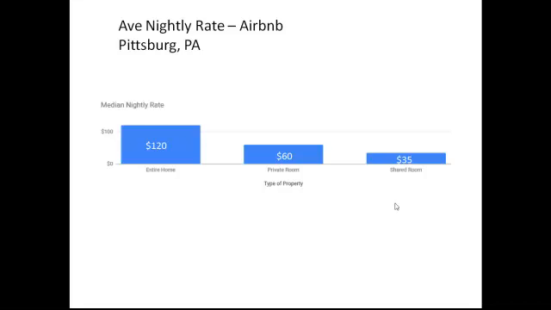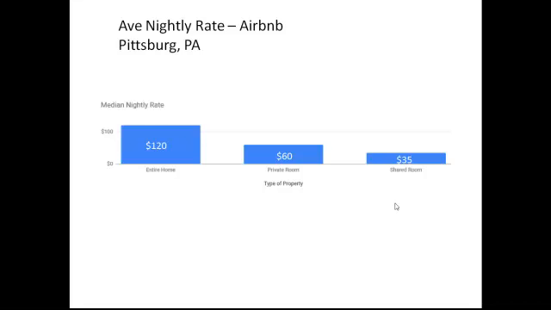Okay, let's take a look at this. This is from AirDNA. This graph is showing the average nightly rents in Pittsburgh. So entire homes, on average, go for $120 a night.